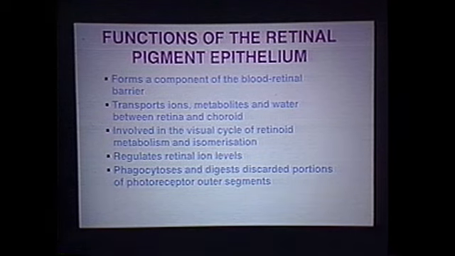The retinal pigment epithelium is also involved in the visual cycle, and we'll mention a little more about that in a moment, and the alteration of the actual pigment and the bleaching process of the pigment. And the retinal pigment epithelium also regulates various ion levels within the retina.